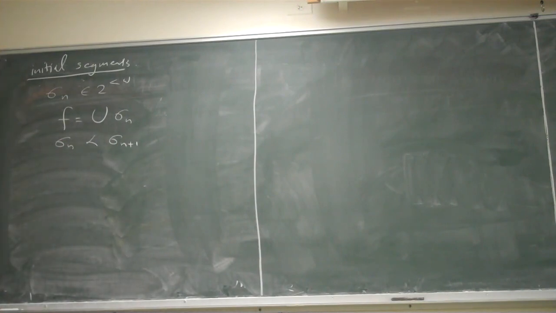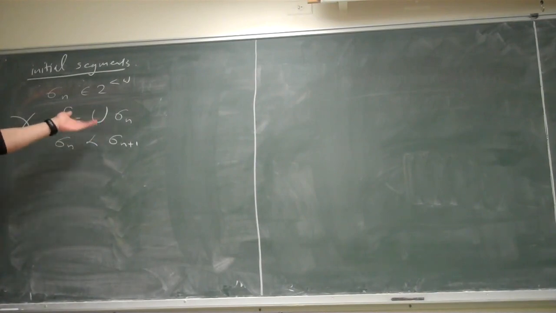So what you should be thinking is that sigma n is an approximation to the characteristic function of the object we're trying to construct. In general, this will be the characteristic function of some set A we're trying to construct. So these are approximations to these characteristic functions, and as you go along, you get better and better approximations, right?